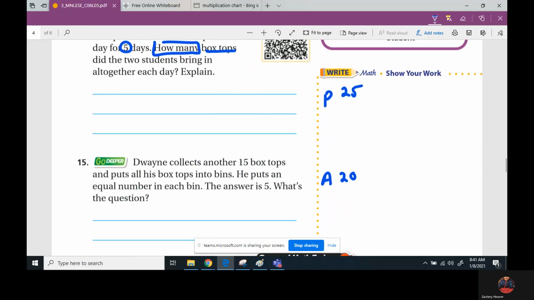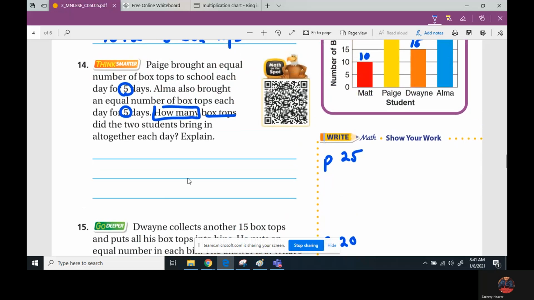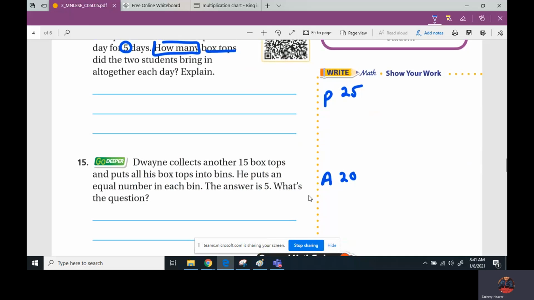So, if she brought in 5 a day, how many box tops did the students bring in all together? Okay, 5 a day, we're going to do our subtraction method. So let's do Paige first. 25 minus 5 is 20.